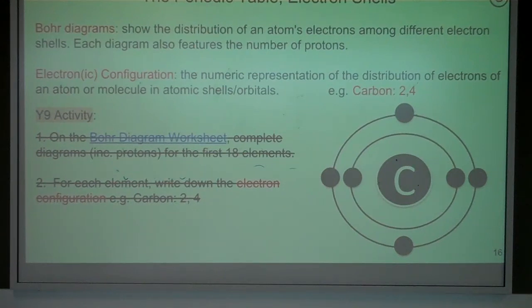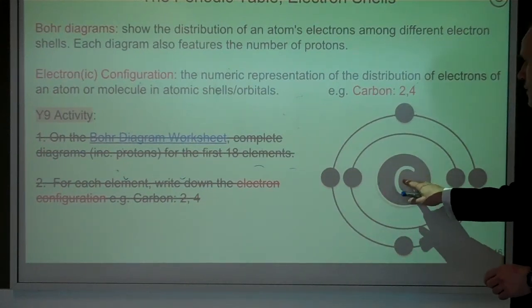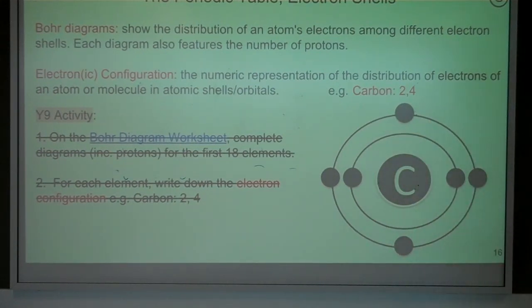Valence. Did everyone hear that? It's the valence electrons. So the Bohr diagram with all 6 electrons, 2 in the K shell, 4 in the L shell, not really useful for us at the year 10 level, but you need to know what they are.